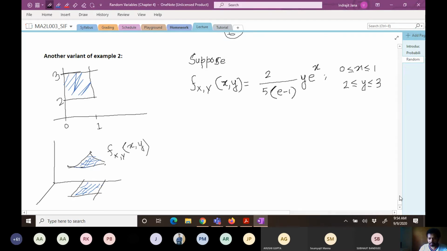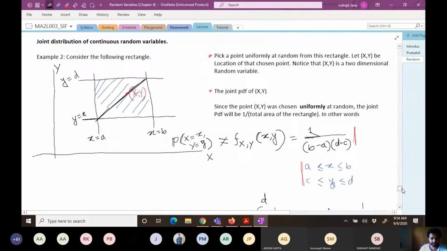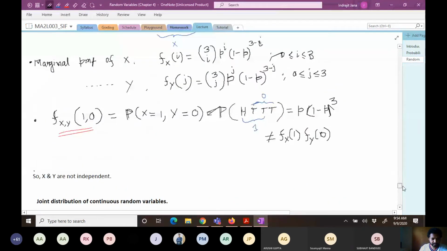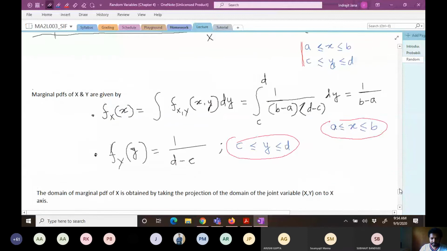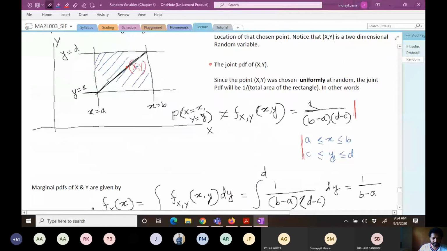Okay. If I draw the same picture in the uniform case, where I have not drawn it, the picture of the PDF is going to look something like this. You have this domain ABCD, and on top of that domain you have the flat PDF.